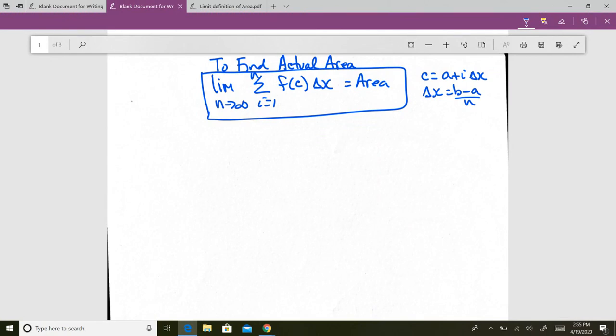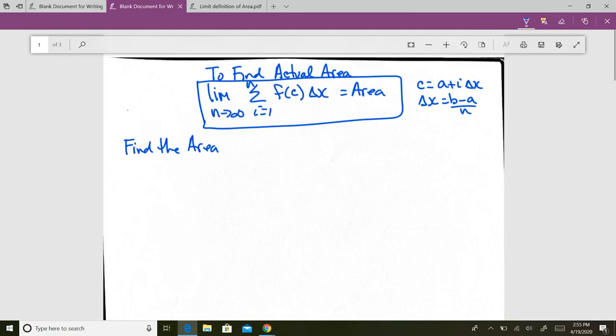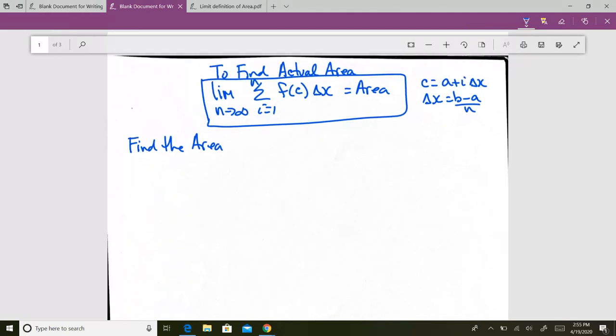All right, so here's the example we're going to do. Find the area of y is equal to x squared bounded by x is equal to 0, x equals 2, and the x-axis.